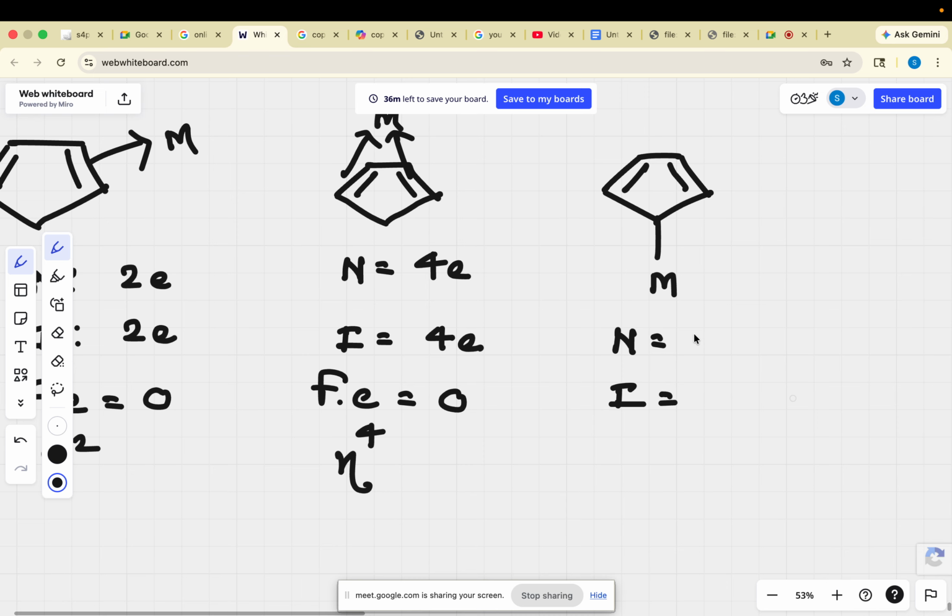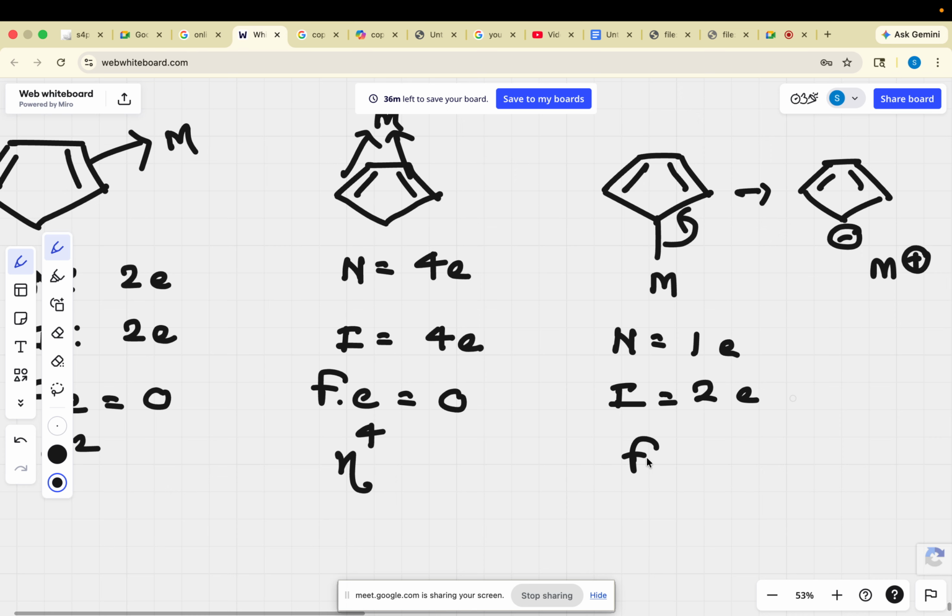Neutral method will be 1 electron, and in ionic method you have to break like this, because if you break the bond like this, you are getting an aromatic compound, with 4n plus 2 pi electrons, 6 pi electrons. So ionic you will get 2 electrons, neutral method you will get 1 electron.